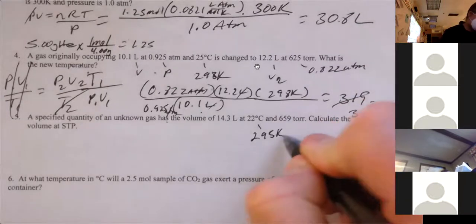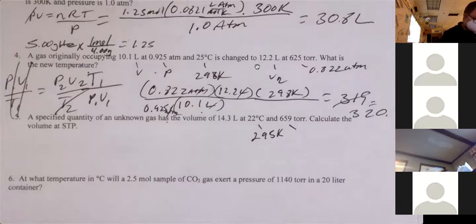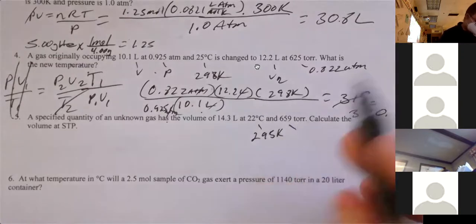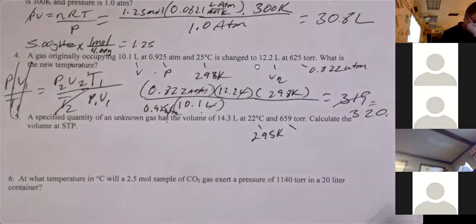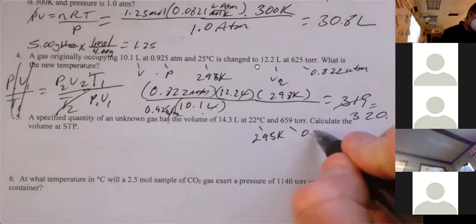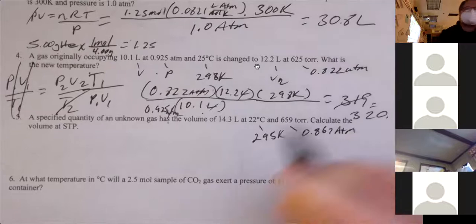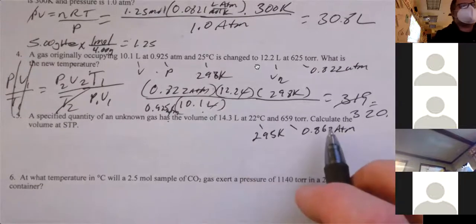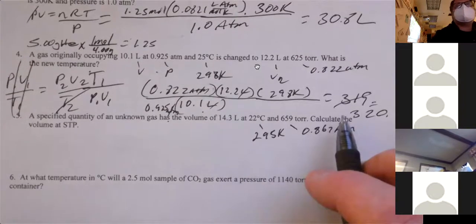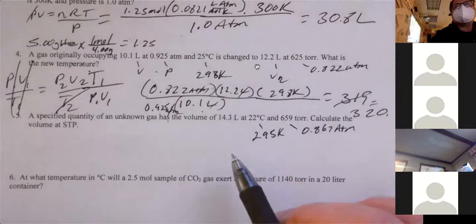The answer is 295. 659 divided by 760. The answer is about 0.8671. So I want to make sure that these are in Kelvin and these are in atmospheres. And I want to calculate that volume at STP.